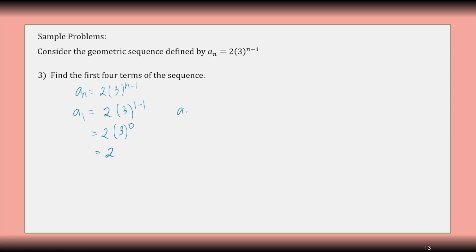Next, a sub 2. We have 2 times 3 to the power of 2 minus 1, where n is 2. Then 2 minus 1 is 1, and 3 to the power of 1 is 3, times 2. The answer is 6. Next, a sub 3, the third term. 2 times 3 to the power of 3 minus 1. The exponent is 3 minus 1, which is 2. 3 squared is 9, times 2 is 18.